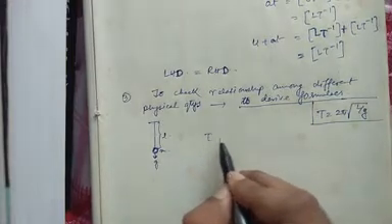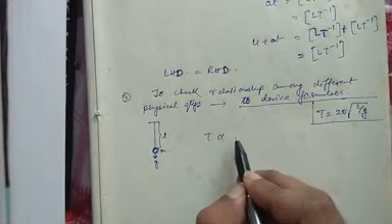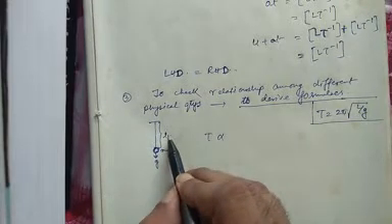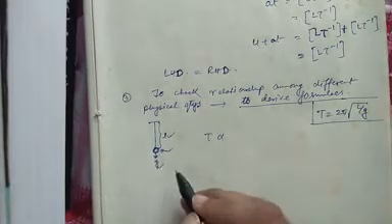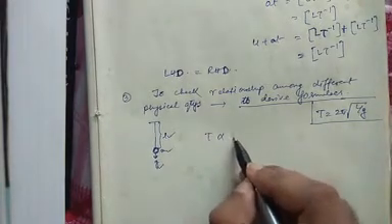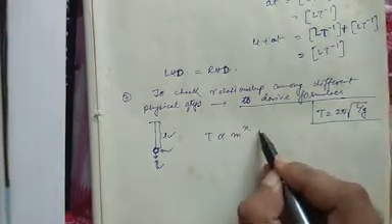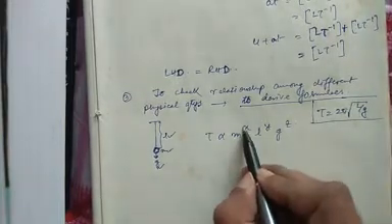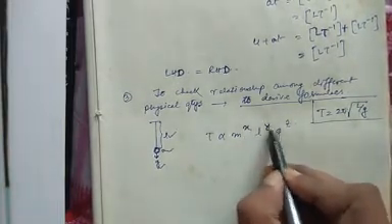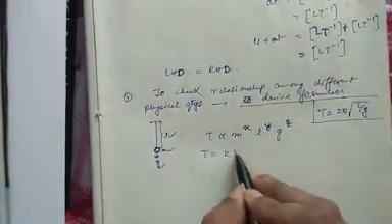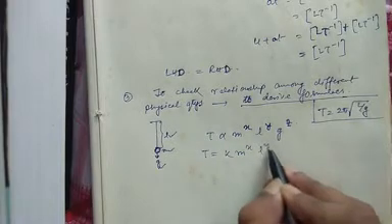So the time period depends on these three factors: one is mass, second is length, and the third is g, or acceleration due to gravity. Now suppose we write it as M to the power x, L to the power y, g to the power z to understand the powers of dependency. So T is equal to k M^x L^y g^z.